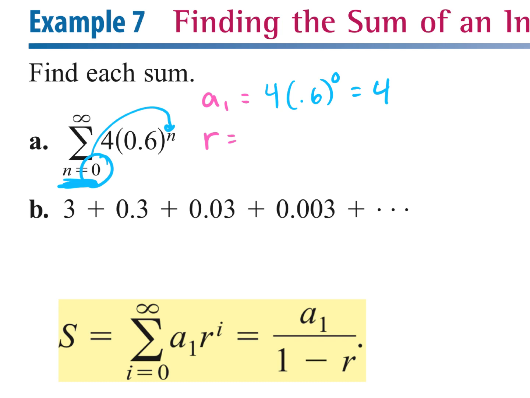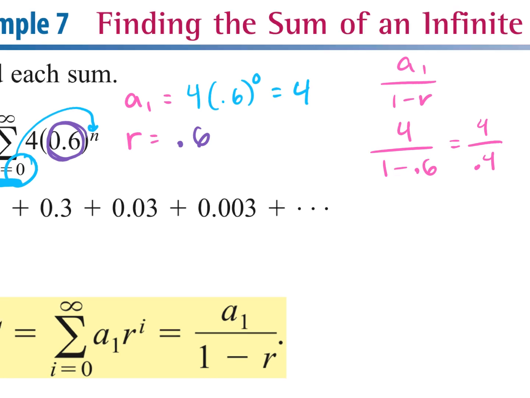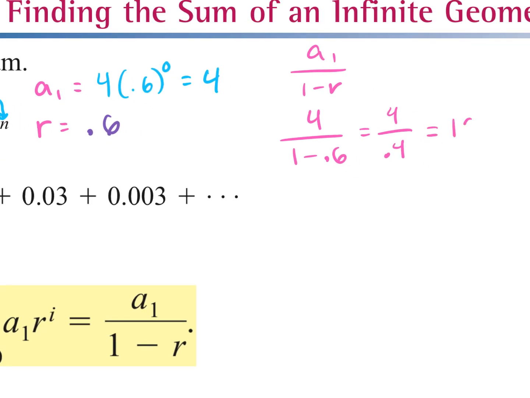What's our ratio? What's r? 0.6. Awesome. It's the number that has the exponent, so 0.6. So when we plug this into our formula, a sub 1 over 1 minus r, that would be 4 over 1 minus 0.6, which would be 4 over 0.4, which we can put in the calculator and get 10. 10 would be the sum.